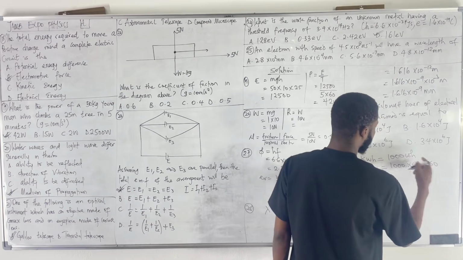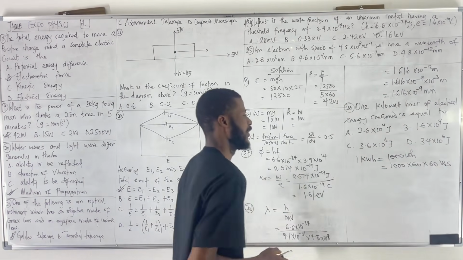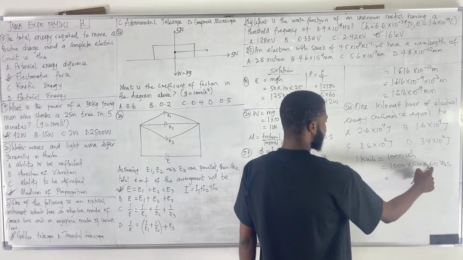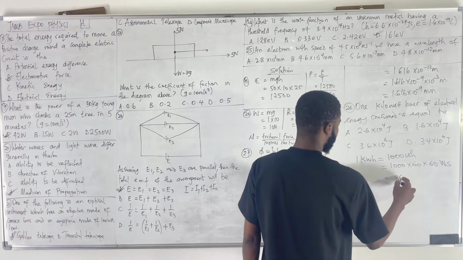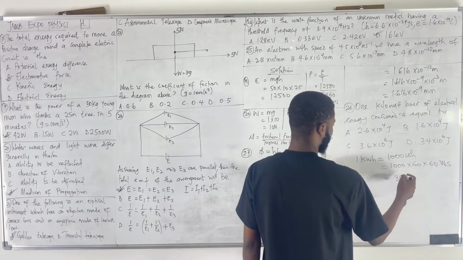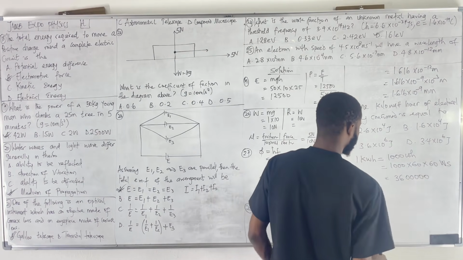And then we're going to have watt seconds, Ws. So this will then become 6 times 6 is 36, so this will be 3, 6. And then how many zeros do we have here? Let me just put them. 1, 2, 3, then 1, 2.